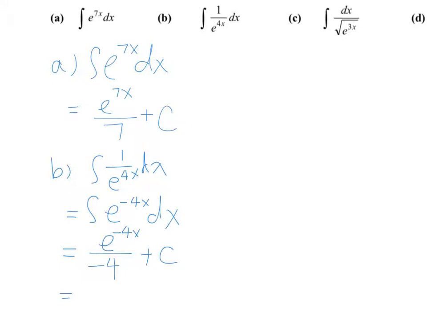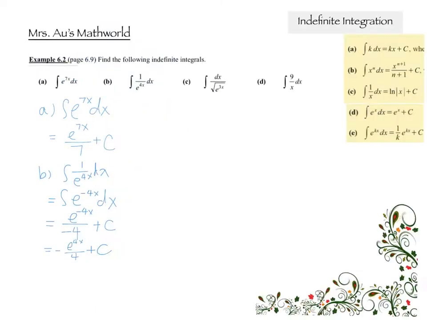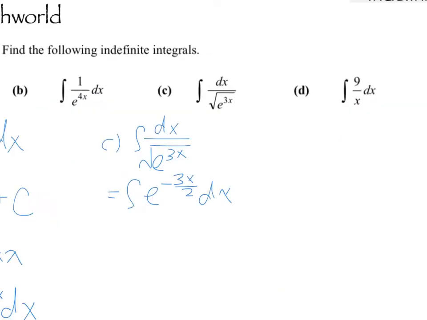And don't forget to put the minus in front of the fraction. So basically, these are the concept for it. And part C is similar. So step 1, make sure you get the correct form of the index. And then step 2, we can integrate it.